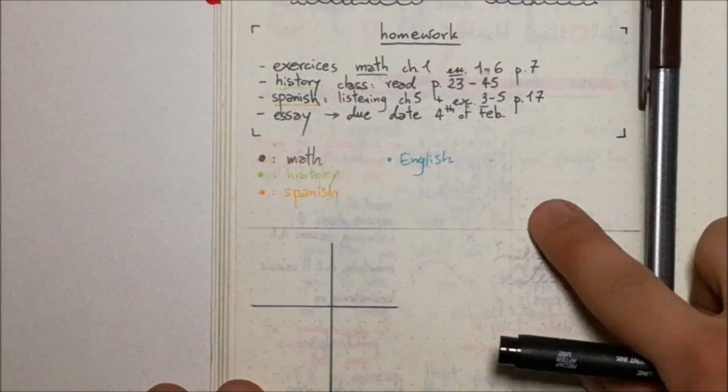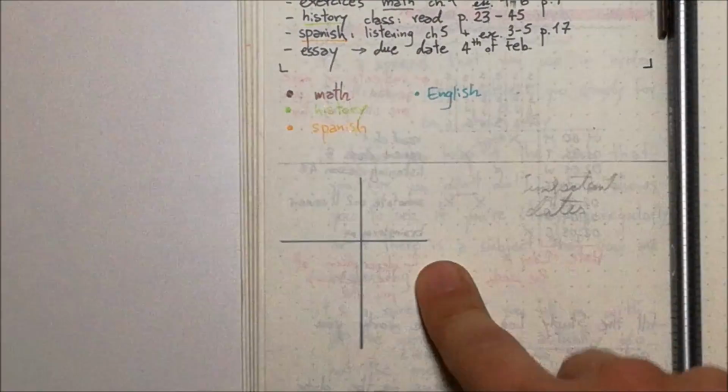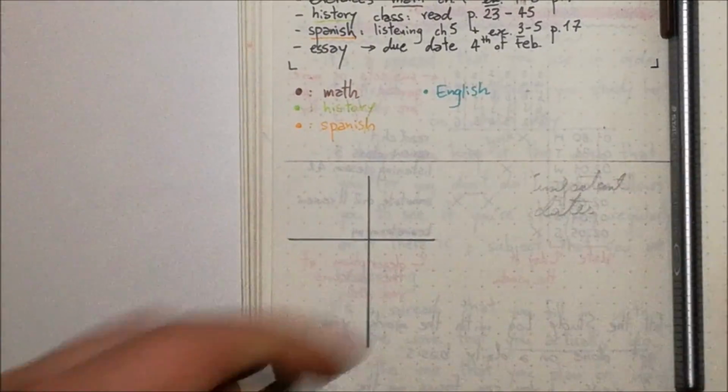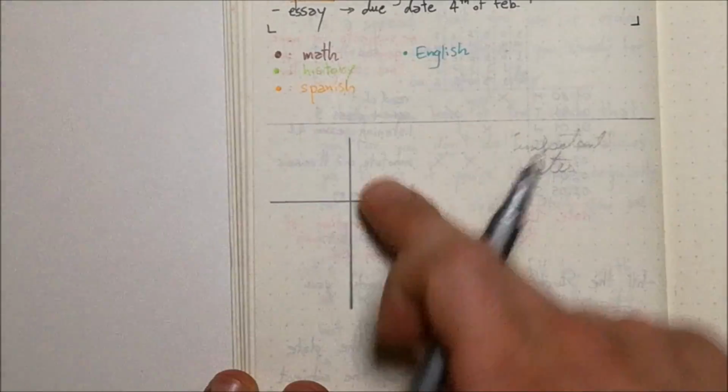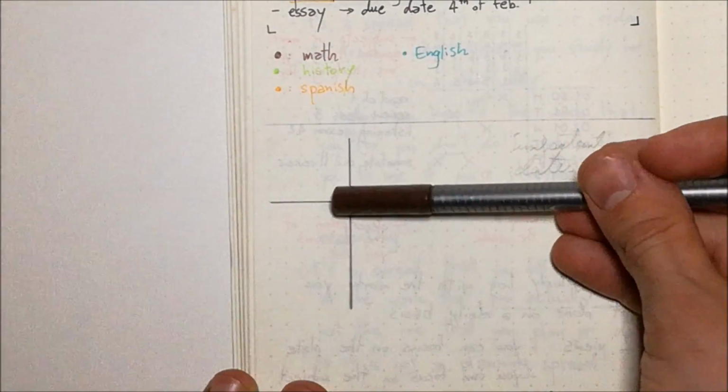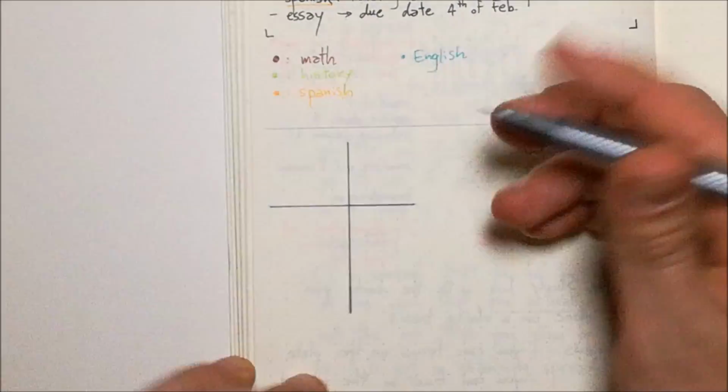Now I'm going to set up the study log for our current week. So I'm going to write the subjects here with our colors and the dates in here on the side.